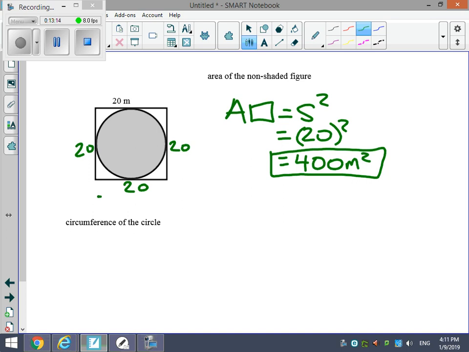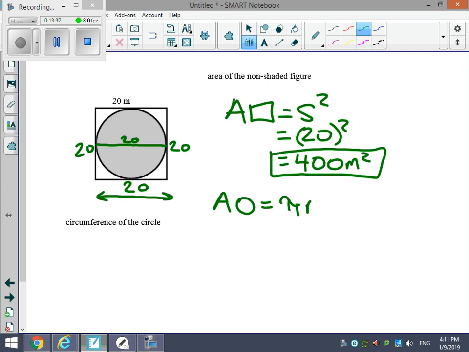We know that the distance from here to here is 20. And that's going to be the same as the distance from here to here. Therefore, the line going right across the middle of your circle, which is called the diameter, is 20.